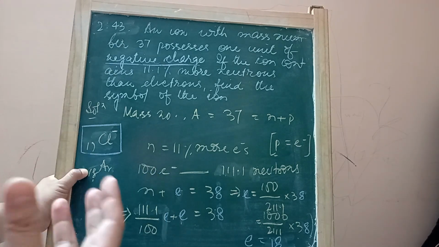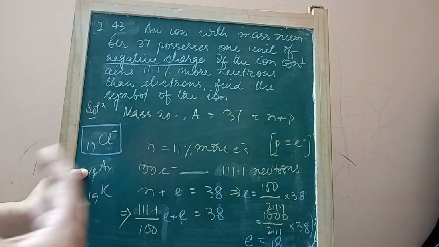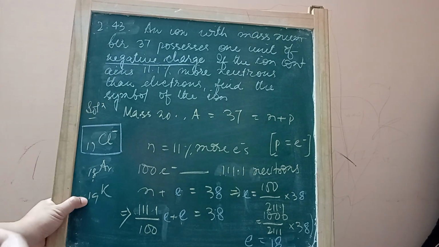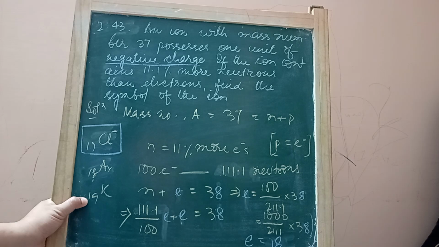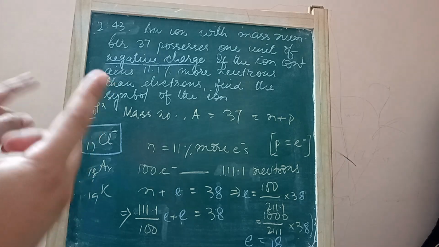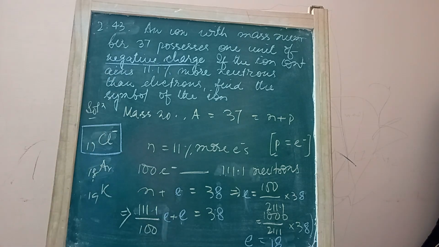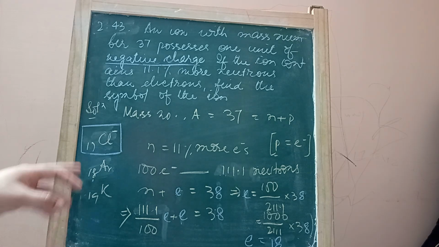The atom is quite stable, so it won't gain an electron. And potassium is a metal. It always tries to give up an electron and carry a positive charge. So it won't be argon, it won't be potassium. So it will obviously be chlorine. But we will not go by this. I'm just telling you that you can predict the answer, right? And we will finally find that it is chlorine only.